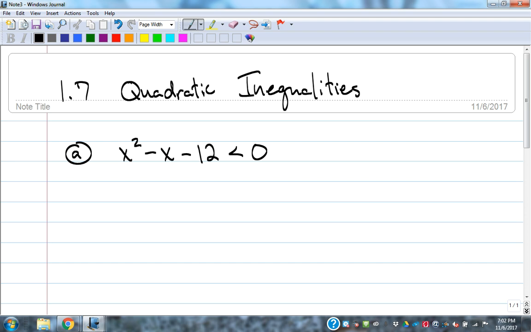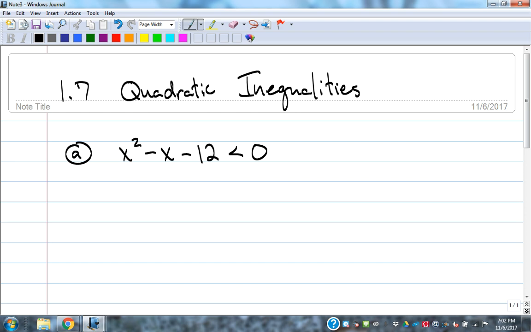Most of the work we're going to do is exactly the same as if it were an equal sign, until we get to telling what our answers are. All of the work for finding the solutions is the same as it was with an equation. So the options are factoring or the quadratic formula.